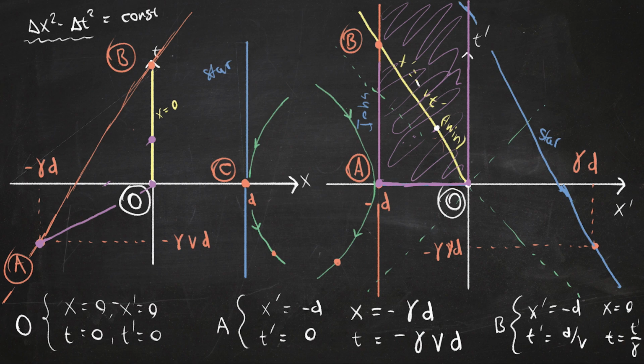This event A is no longer simultaneous with the event O. So if you wanted to calculate the effective length of the spaceship in the unprime frame, you'd have to consider this event here, and this is the length of the spaceship in this frame. Really important. And that one's going to be length contracted, because this distance here is going to be d divided by gamma. That is length contraction when you look at it from the perspective of space-time diagrams.